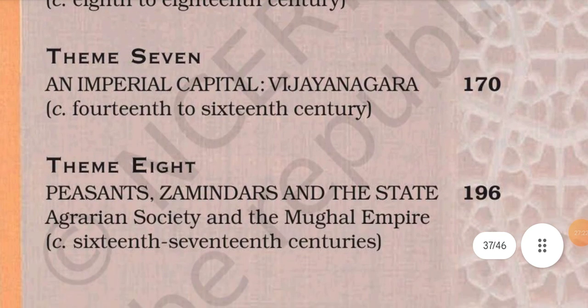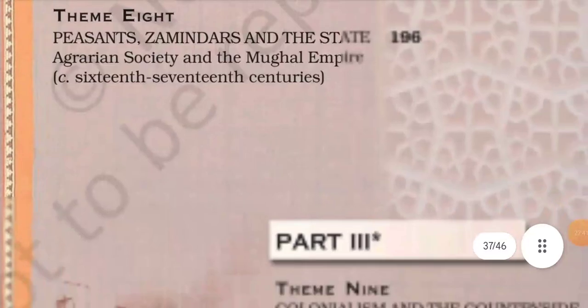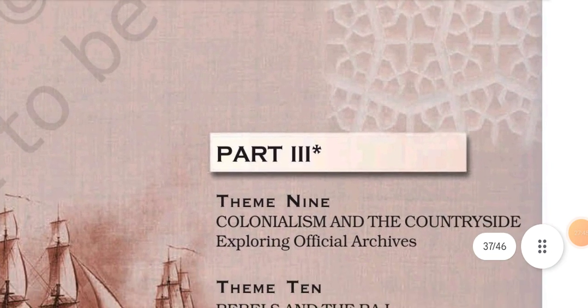Theme 7: An Imperial Capital: Vijayanagara, 14th to 16th century. Theme 8: Peasants, Zamindars and the State: Agrarian Society and the Mughal Empire, 16th to 17th century.